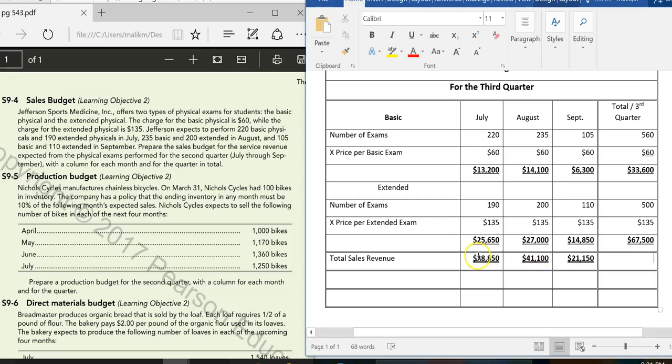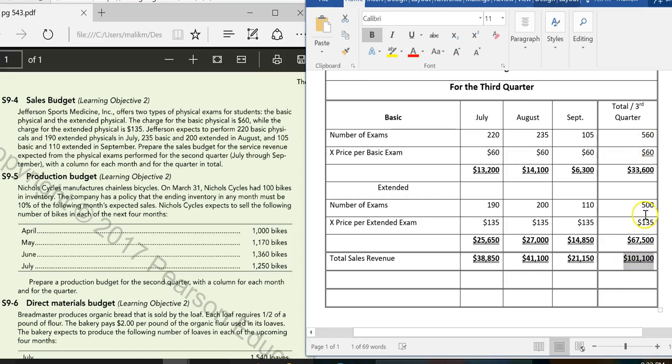Now, if you add it, you will find your grand total. Let's add all these three: 38,850 plus 41,100 plus 21,150. And what I got is 101,100. So this is your grand total, or the entire projected sales for the third quarter.